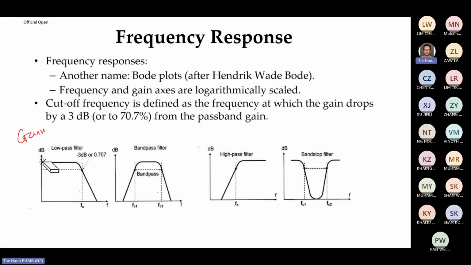But basically, if you have the top gain and you bring it down by 3 dB, so you go down 3 dB from the top, you will have the boundary between passband and stop band. And this one is called the cutoff frequency, right? Those are the things I think you have seen before.